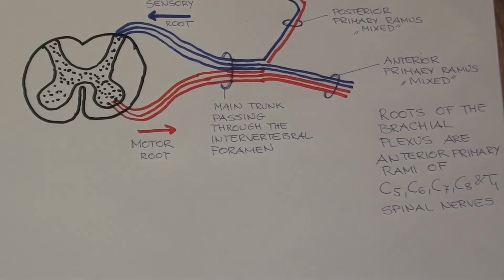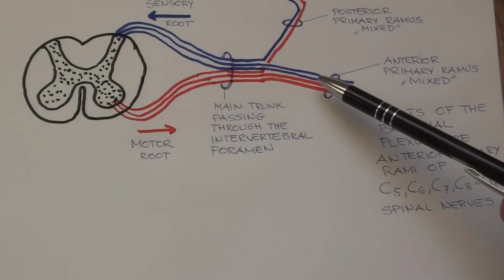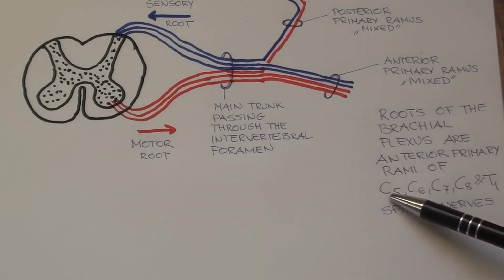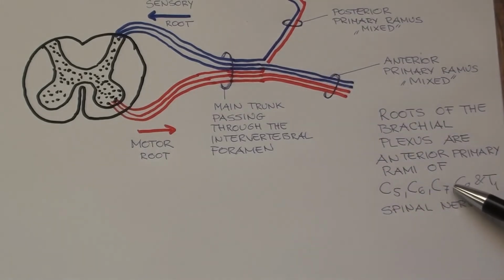We have roots of the brachial plexus as a term that we use, and I'm just kindly asking you not to mix it up. The anterior primary rami of spinal nerves C5, C6, C7, C8, and T1 would actually form the roots of the brachial plexus.